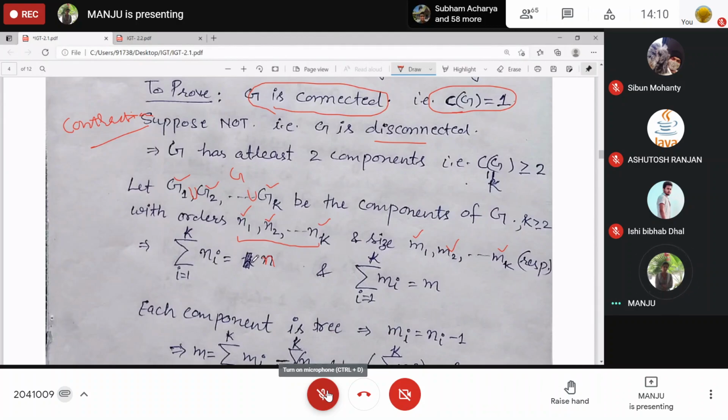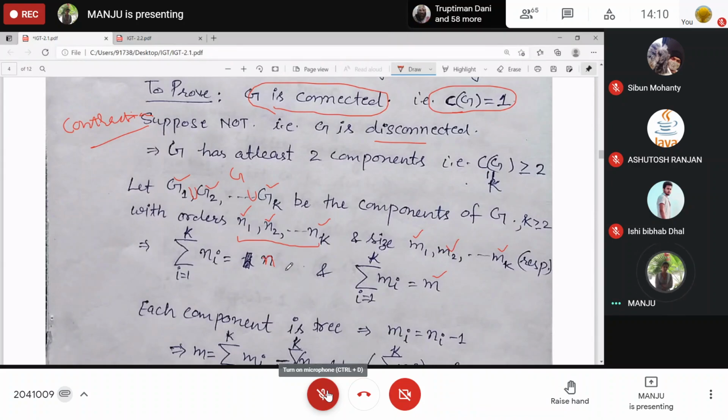And for size, I have to count all the edges in G1, G2 and so on up to Gk. So the size of G will be the summation of mi. Clear?